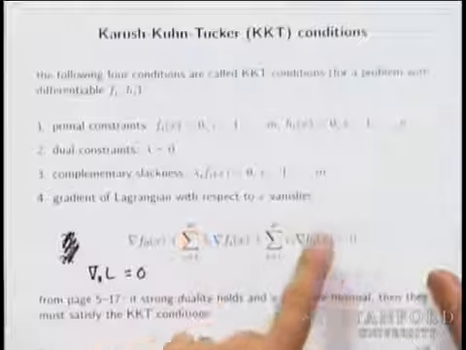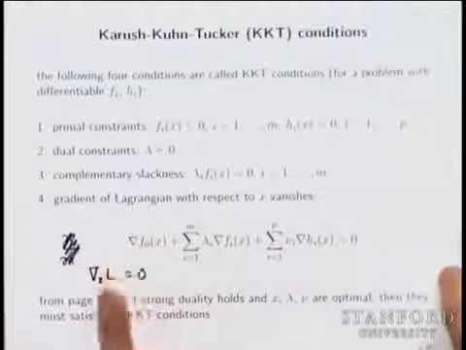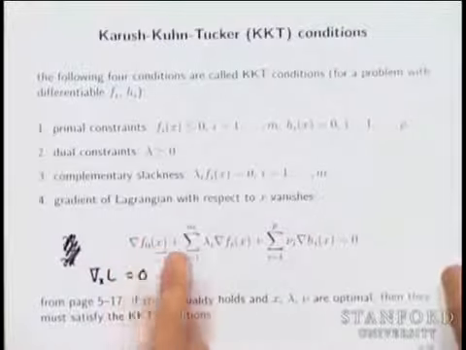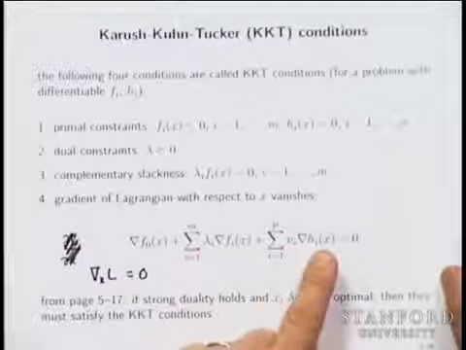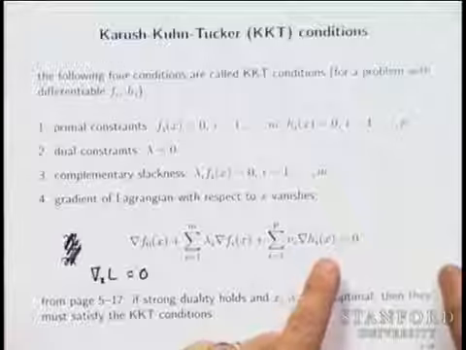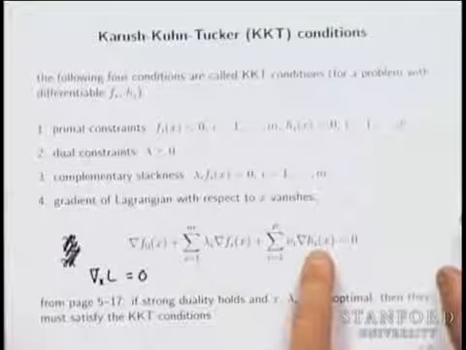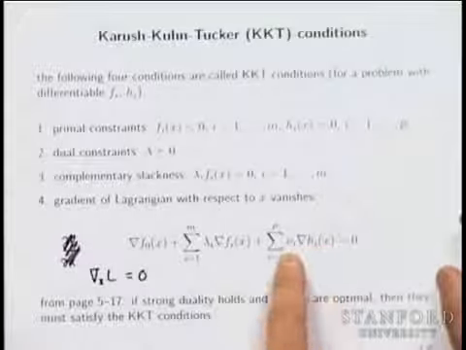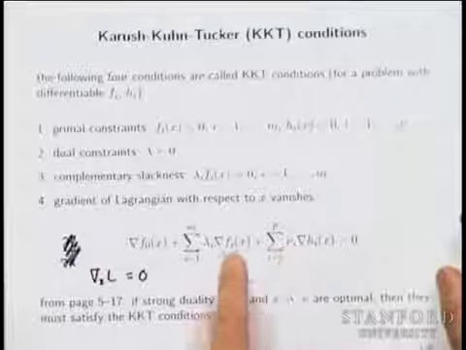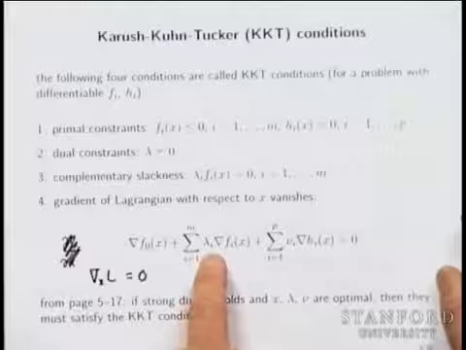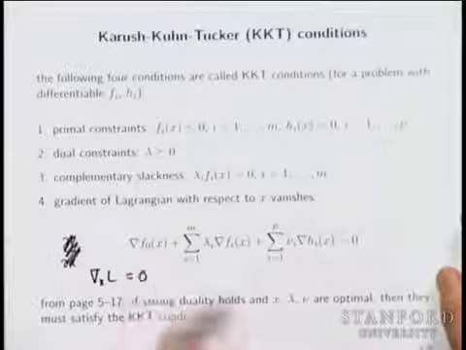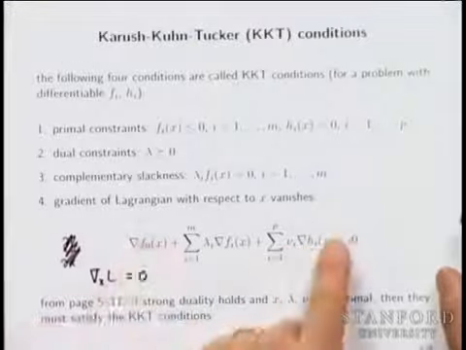Now the fourth condition, that's this gradient condition here. If this holds, then look at this: f0 plus the sum of lambda i fi plus the sum of nu i hi is going to be a convex function. Why? Because the hi's are affine. You can multiply them by any number and still have an affine function. The fi's are convex. I can multiply them by any non-negative numbers and still get a convex function. I can add up a bunch of convex functions to get a convex, differentiable function.